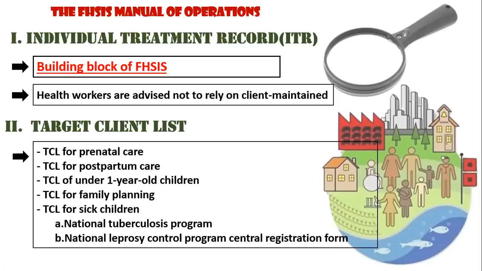So first sa ating FHSIS, meron tayong tinatawag na individual treatment record or the family treatment record. Pag sinabi nating family treatment record or the individual treatment record, this is what we call the fundamental building block of FHSIS.